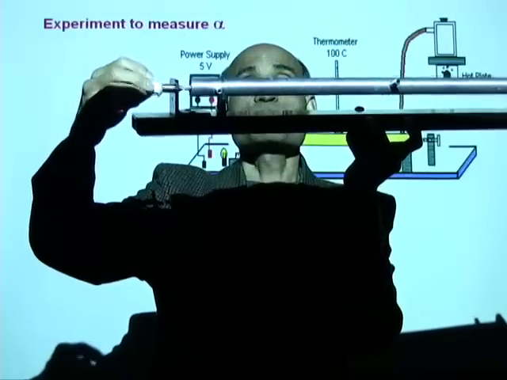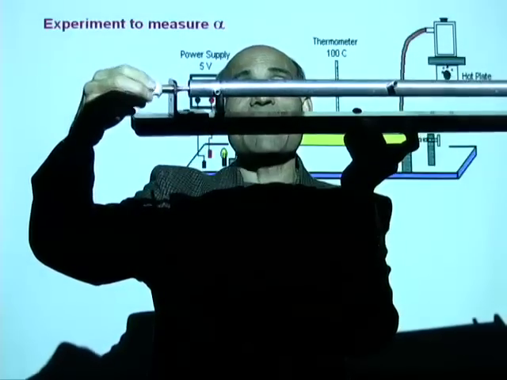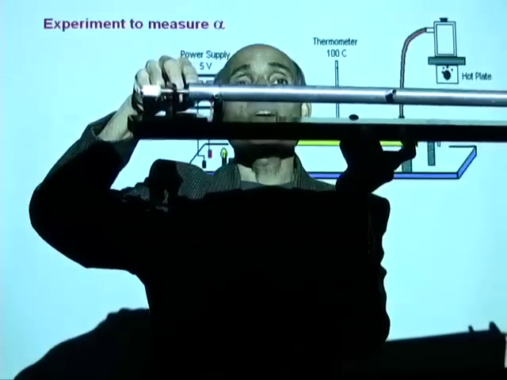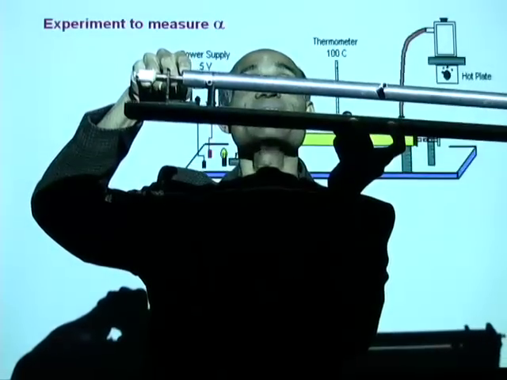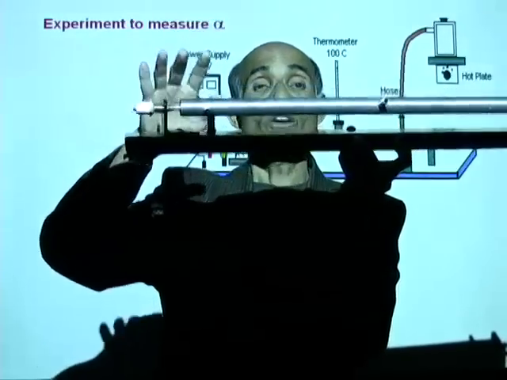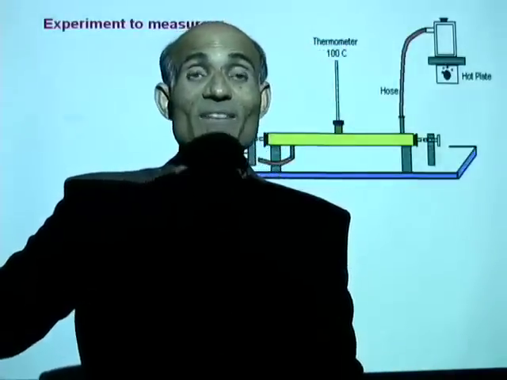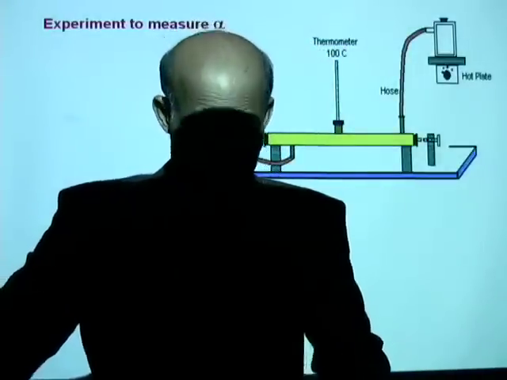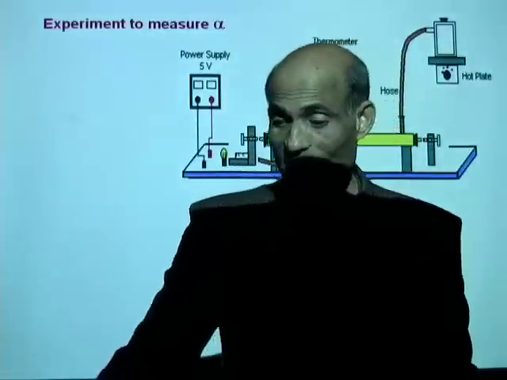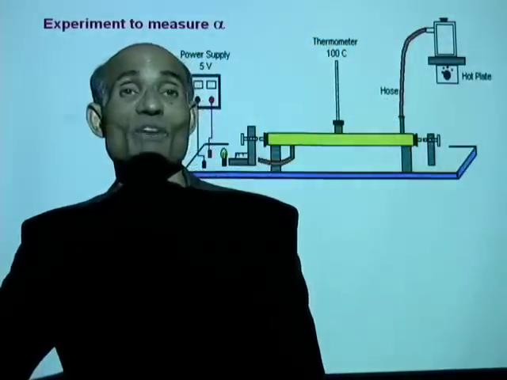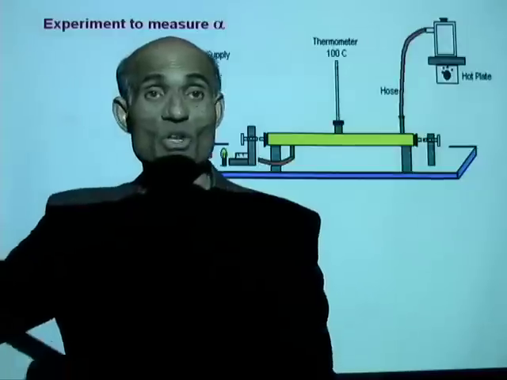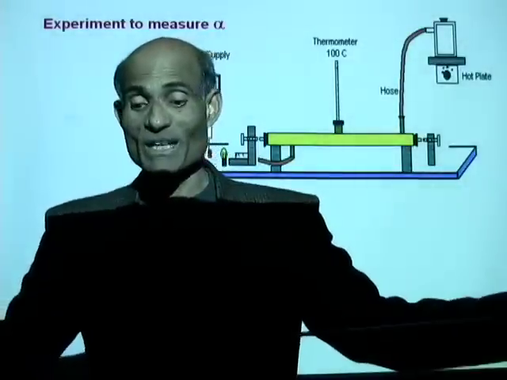And now work the micrometer screw back. You can measure the increase in length. So once you know the increase in length, the original length, and the rise in temperature, we can calculate the value of alpha. Is that right? The coefficient of linear expansion.